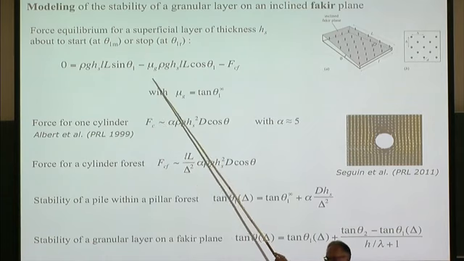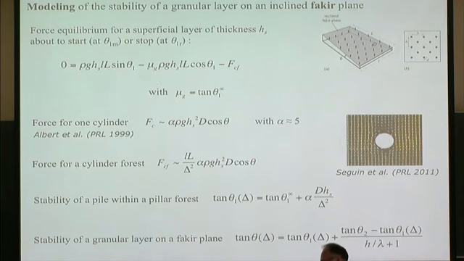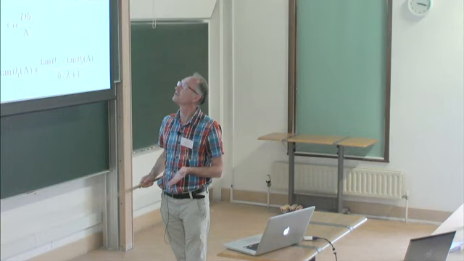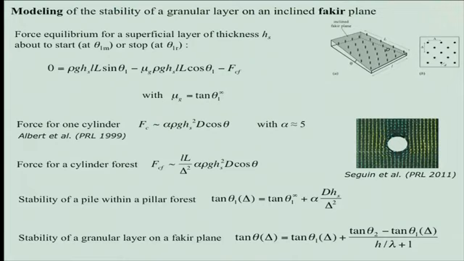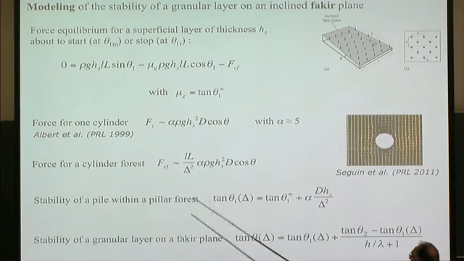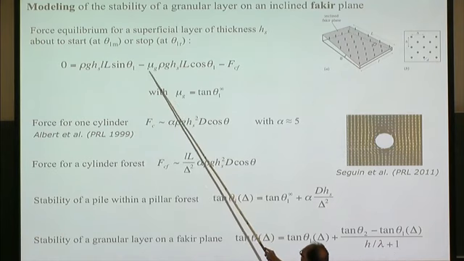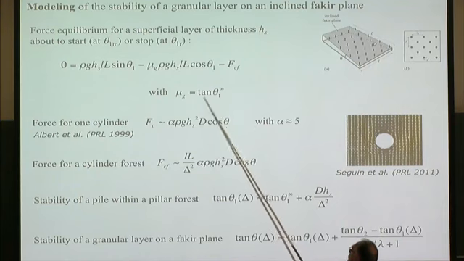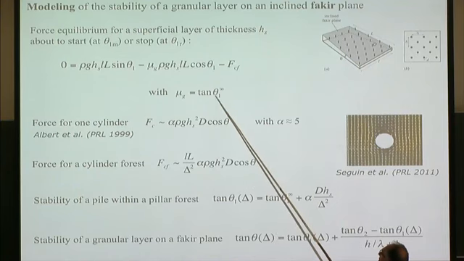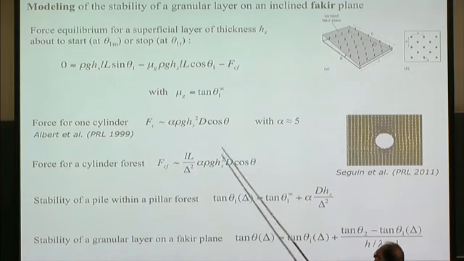This is the resisting force due to the friction of the layer with the grains, and this is an additional term which comes from the presence of the forest of nails, or of trees. And in fact, this coefficient of friction is related to the tangent of the theta 1 angle without the forest.